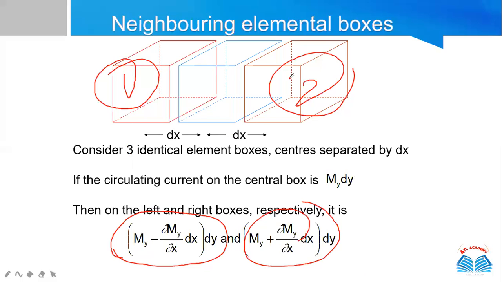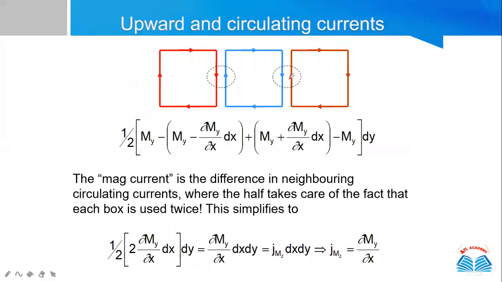We are not going to do the derivations for them. Just to remember these formulas, I have put them here. Now the same happens if we wish to calculate for the upward current and for the circulating currents.